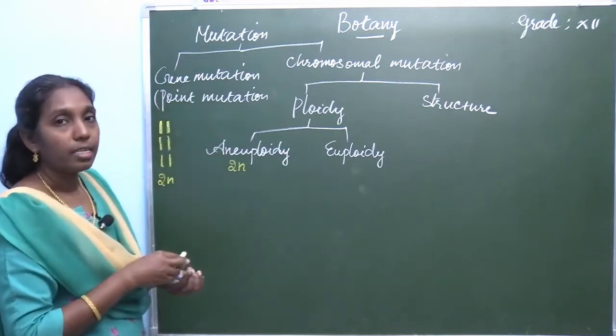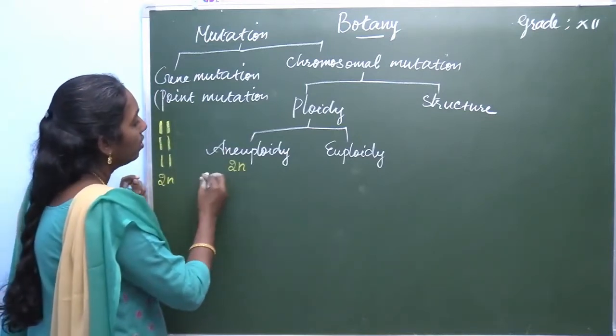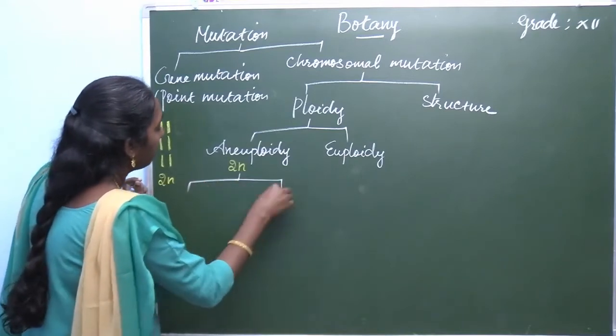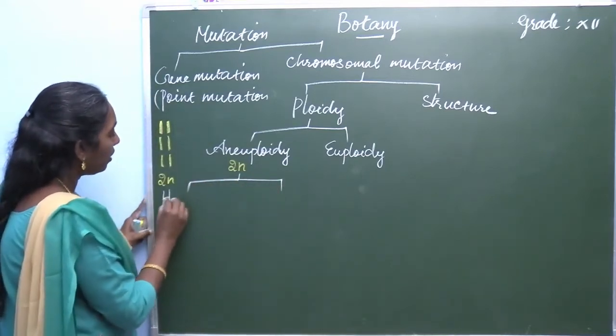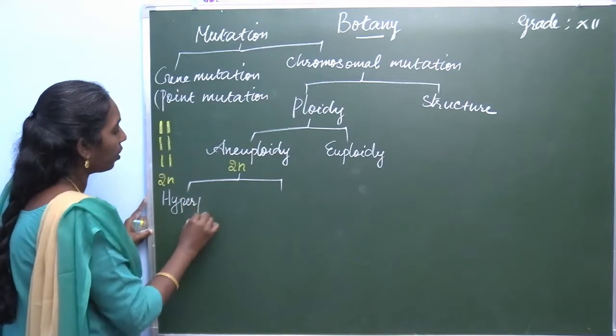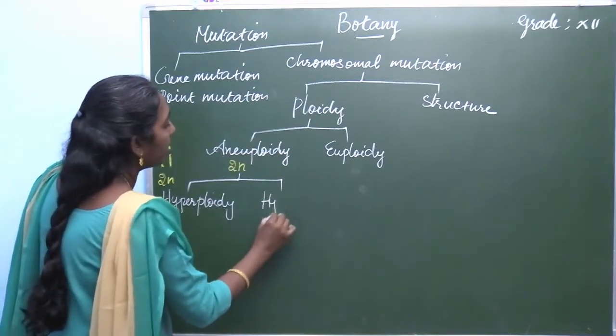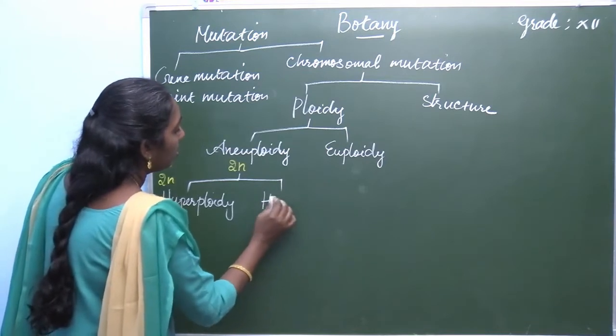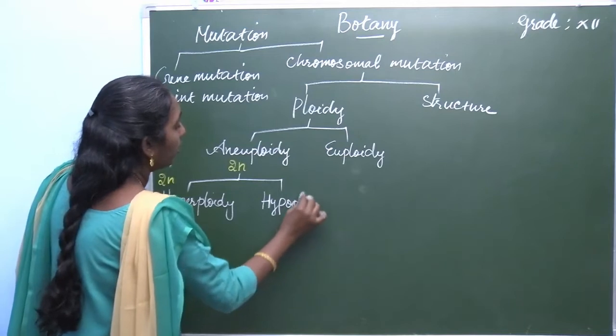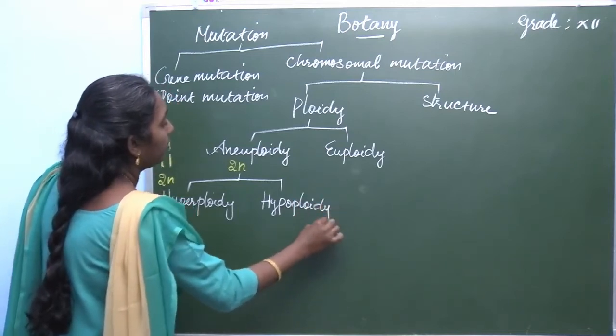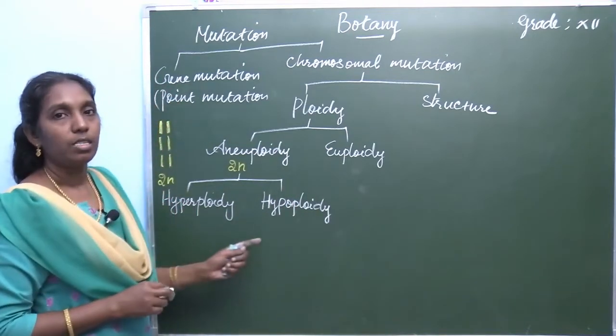Aneuploidy is again classified into two different types, hypoploidy and hyperploidy. What's the difference between these two?